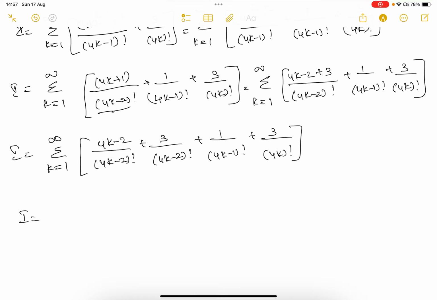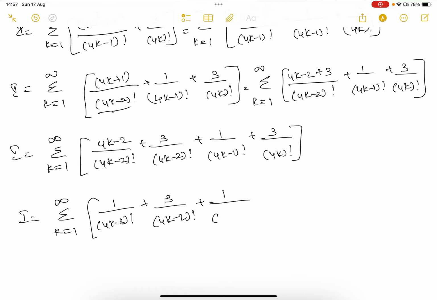The first term can be written as summation k equal to 1 to infinity, 1 by (4k minus 3)!, right? The denominator part can be written as (4k minus 2) into (4k minus 3)!. So this one is 3 by (4k minus 2)! plus 1 by (4k minus 1)! plus 3 by (4k)!.